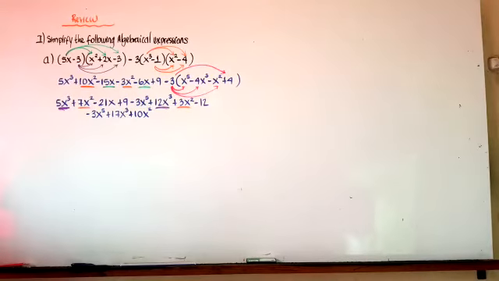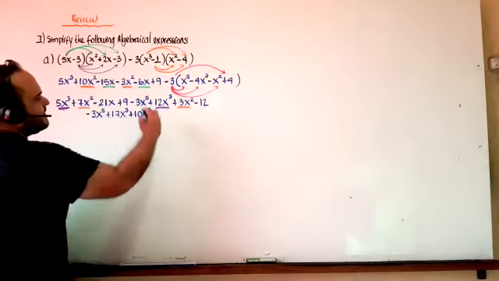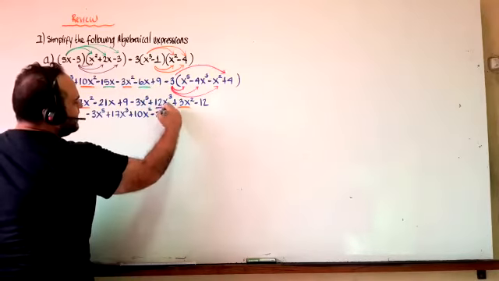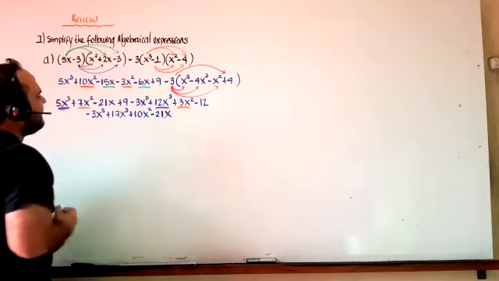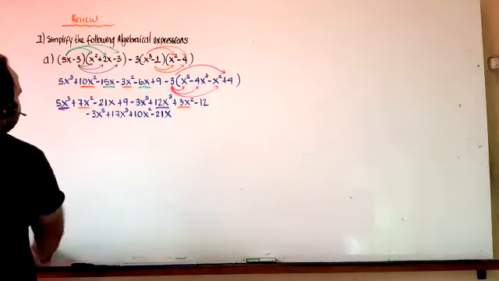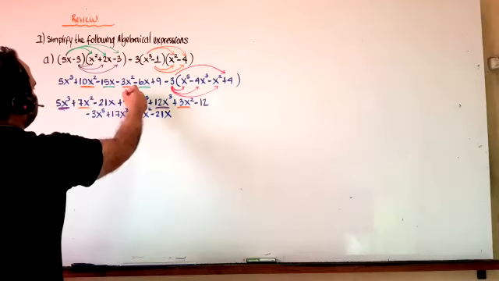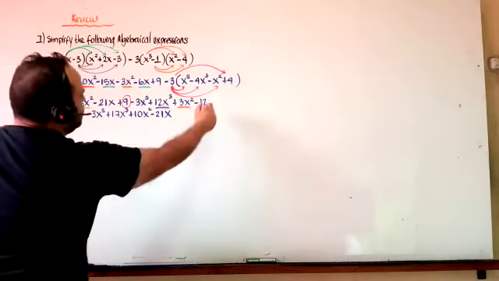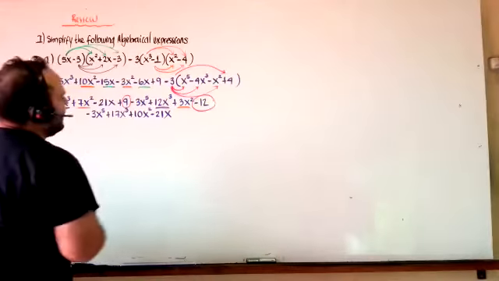Continue with the letter x. There's only one, right? That will be negative 21x. And finally, the numbers. We have negative 9, positive 9, located over here, and negative 12, right?